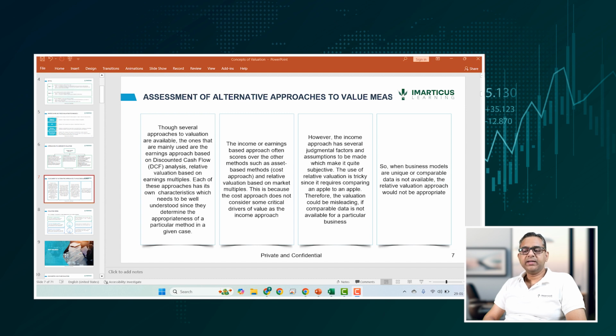So if we look at the income approach or the discounted cash flow approach, the problem with that is that there is a lot of subjectivity, lot of estimates, lot of assumptions made at every step of the process of doing DCF. So that makes it extremely sensitive to the estimates we are using.